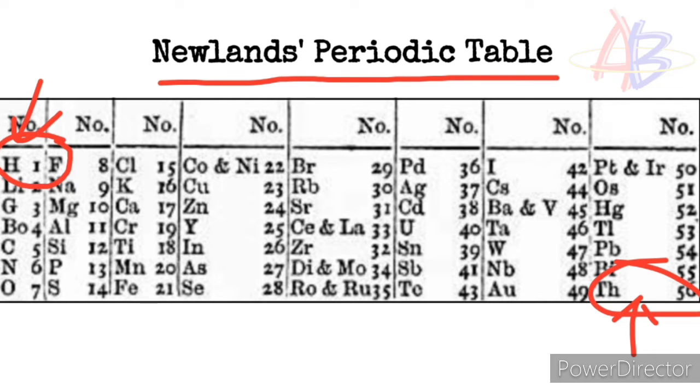But some elements like cobalt and nickel, here, here, here, and here, they are placed together. That is, they are given single number. So now you know how come 56 is equal to 62. Just kidding. Now let's talk about the principle behind this classification.